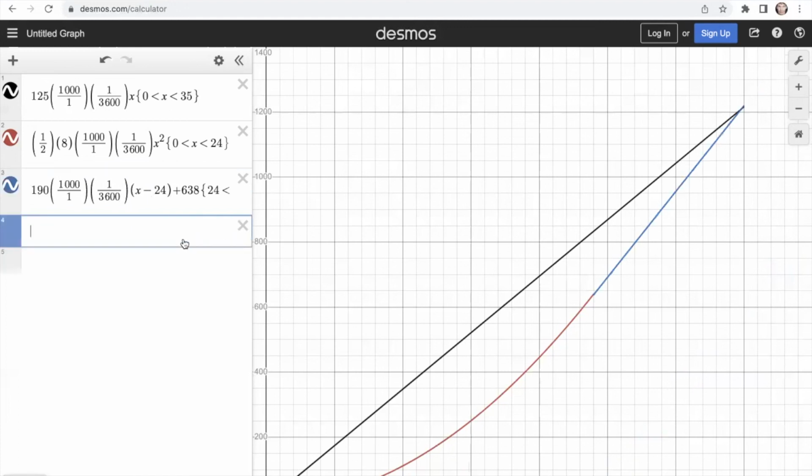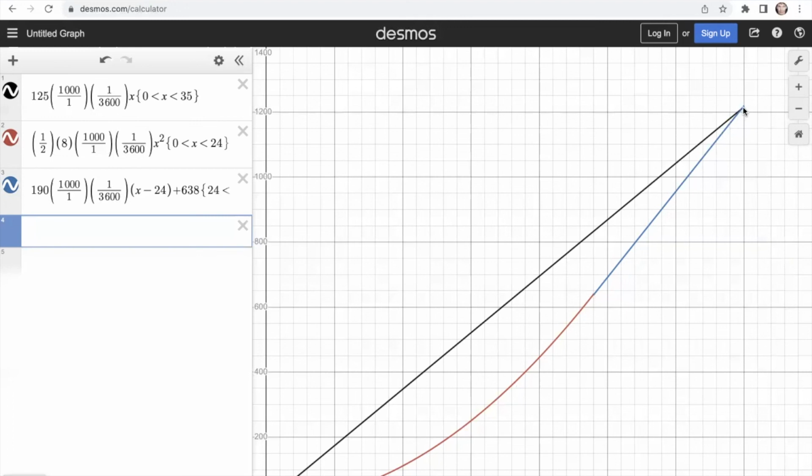We have all the motion graphed, right? The black line here, this is the speeder moving at that constant speed. And this is the police officer accelerating. This is while it's speeding up. And this is it driving at that max speed.